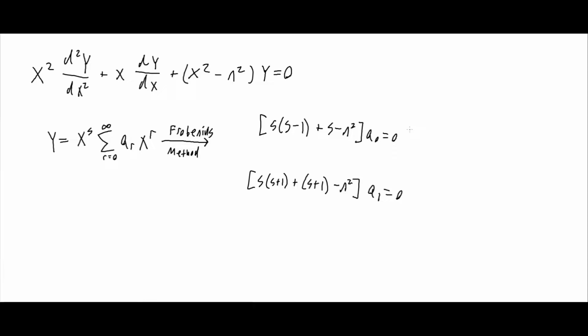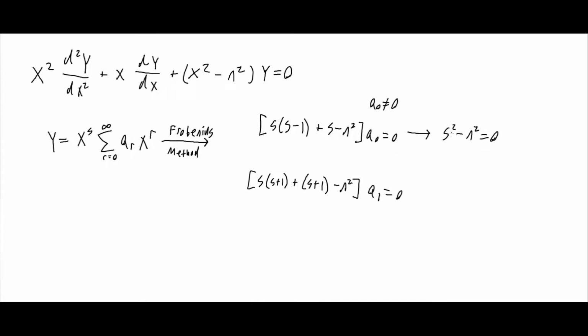This one will give us the indicial equation that is s squared minus n squared equals 0, because we're assuming that a naught is not equal to 0.